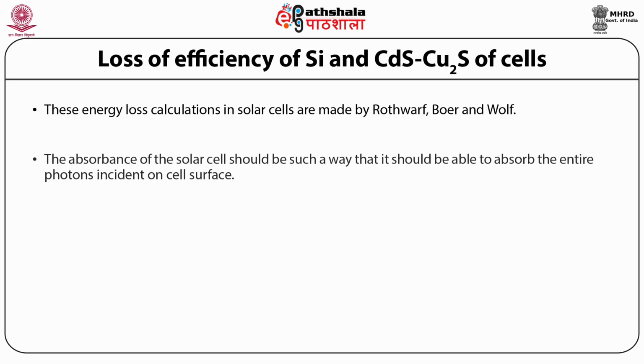Furthermore, the absorber of the solar cell should be such that it is able to absorb the entire photons incident on the cell surface. This could be possible only if we use a series of solar cells with varying band gaps arranged in a multi-layer or tandem structure.